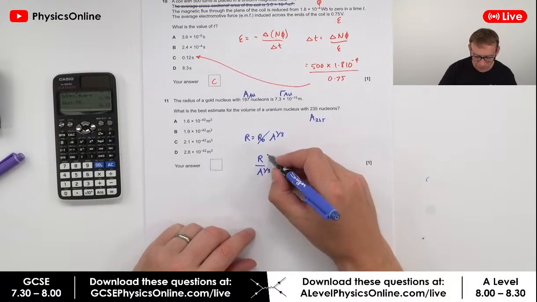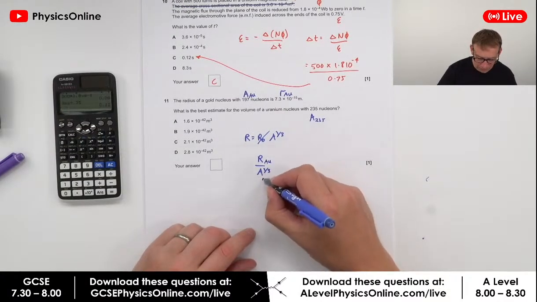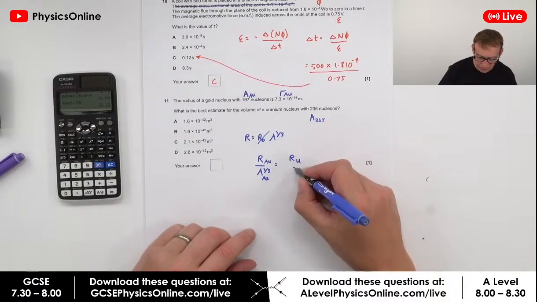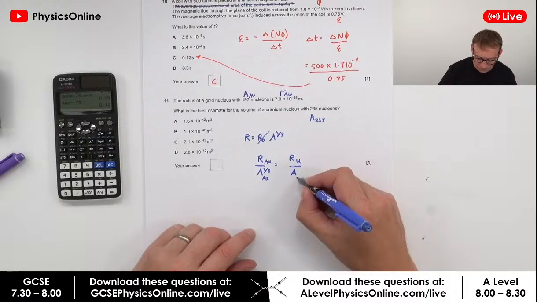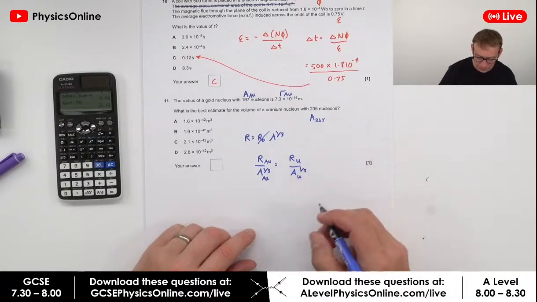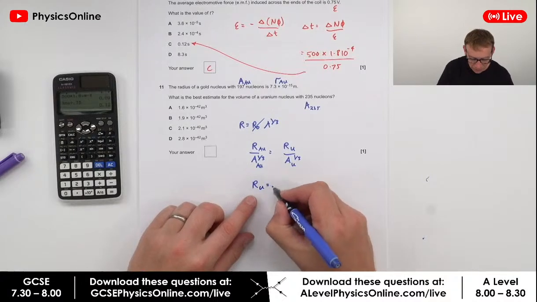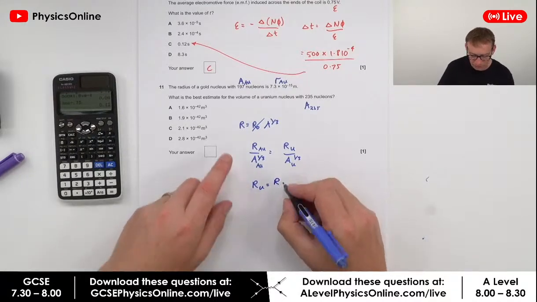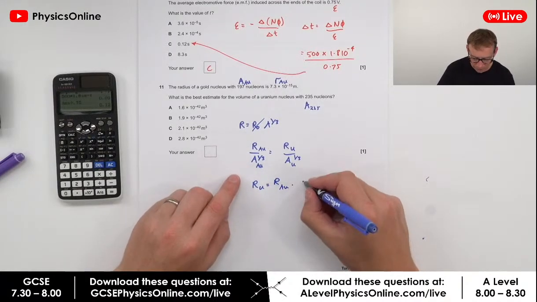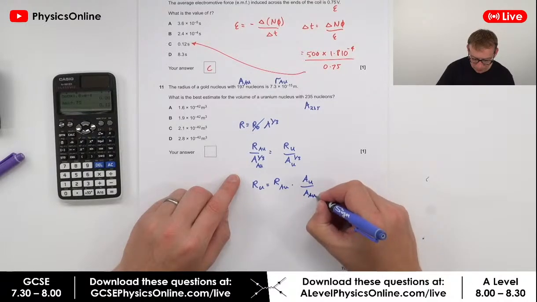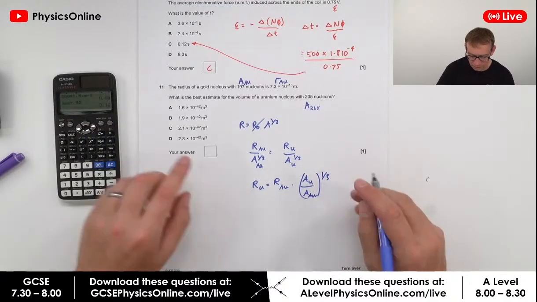So we know that the radius of the gold divided by A of the gold to the third is equal to the radius of the uranium divided by its A to the third. Okay, so if we want to work out the radius of that uranium nucleus, we just need to multiply the radius of the gold nucleus by A_U over A_AU to the power of a third.